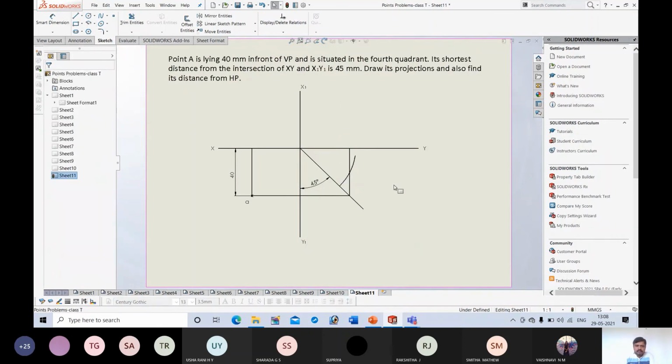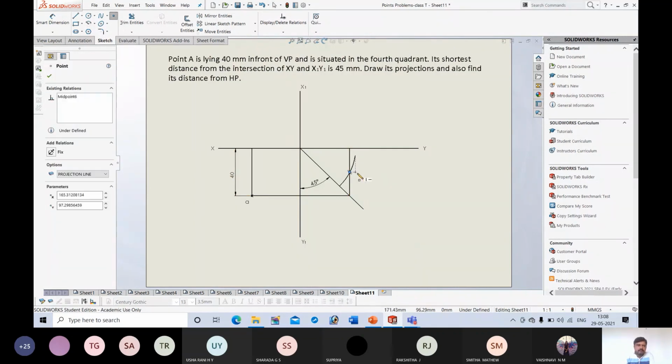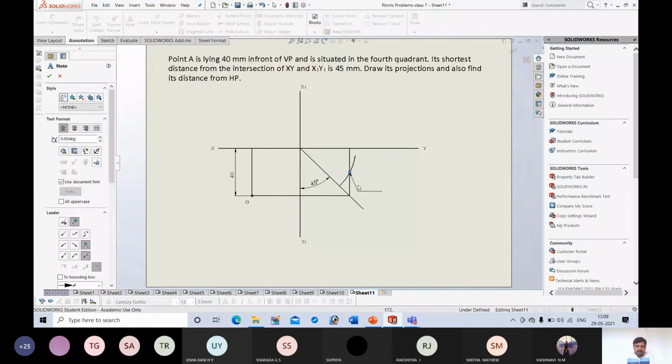This will cut this line at this point. I should consider this point. This point is the profile view. So this is A double dash.